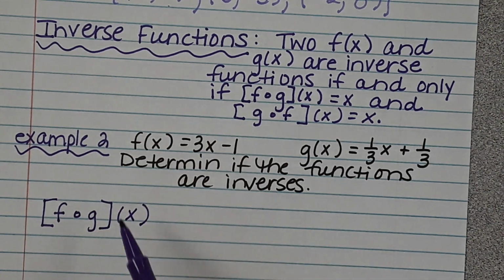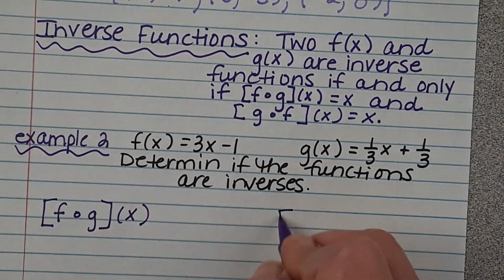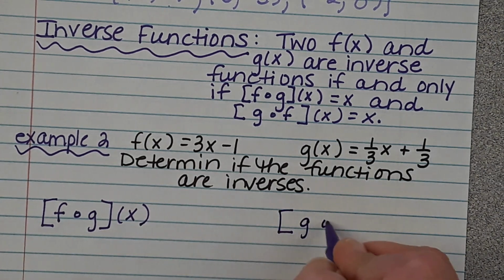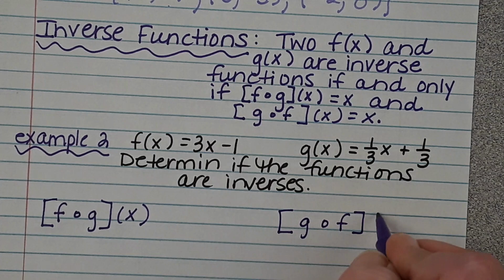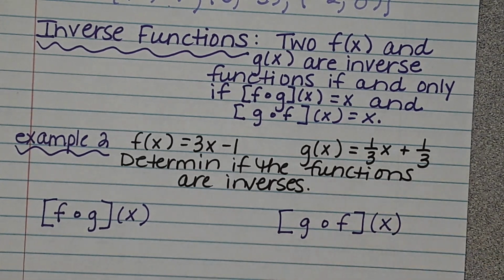And what that means is we're going to take g and put it into f. And then the next one we're going to do is g of f of x. We're going to take f of x and put it into g.